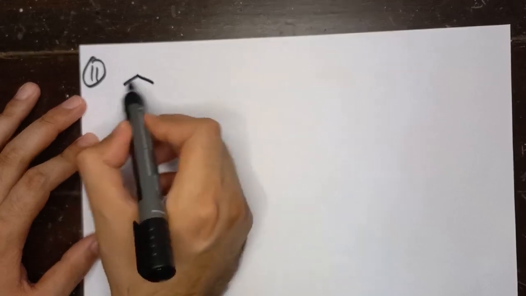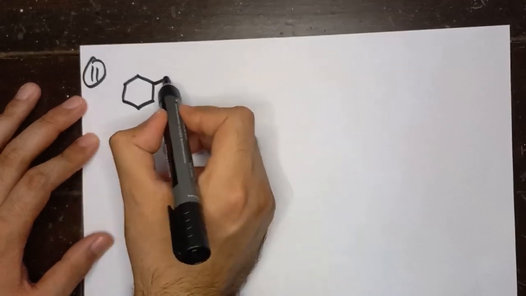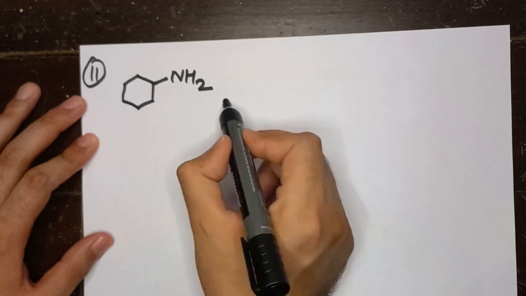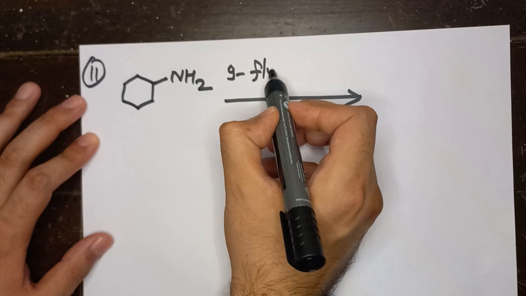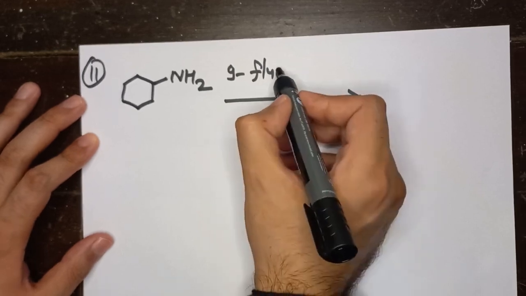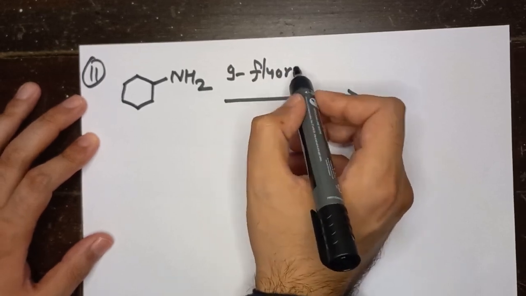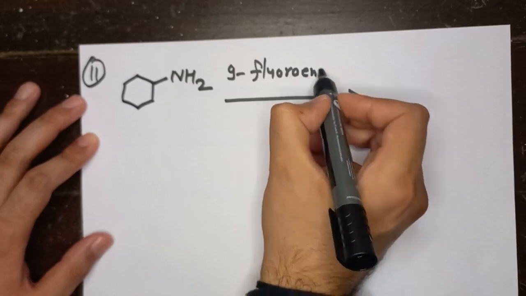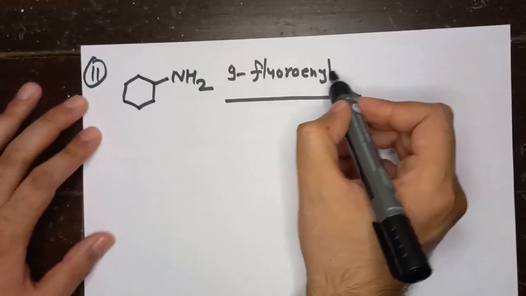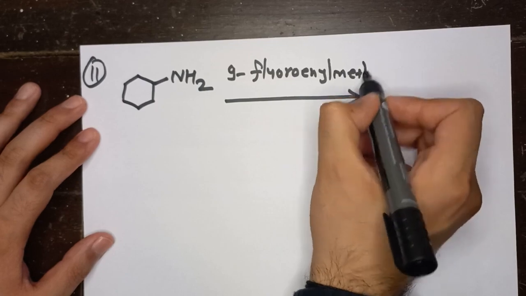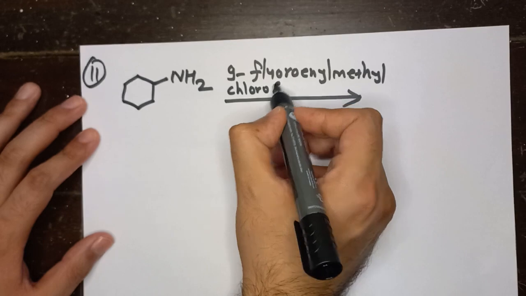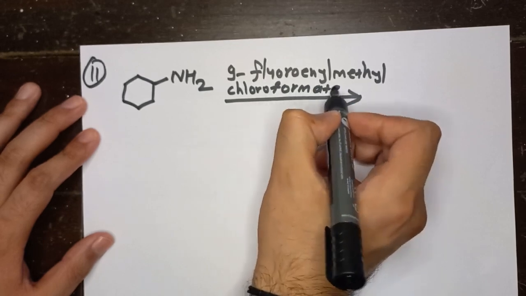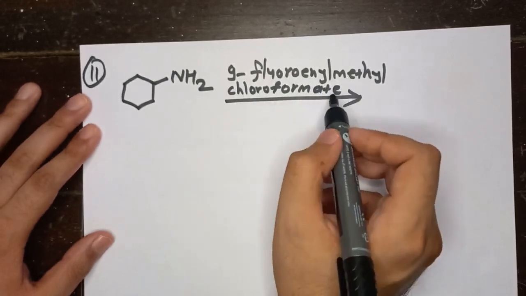Okay, now the 11th example. We have this cyclohexylamine, and we are reacting it with this 9-fluorenyl methyl chloroformate.